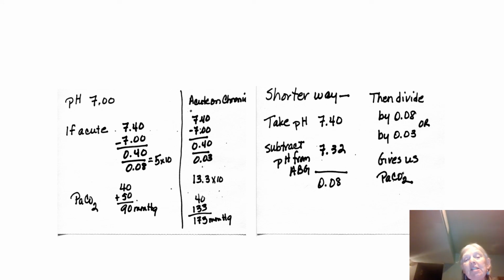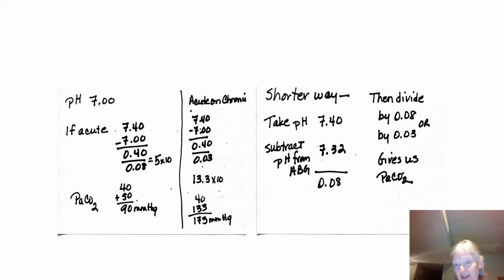You've had a little over 13 changes to get from 7.40 down to 7.0. Each of those changes, your CO2 has gone up by 10. So 13.3 times 10, your CO2 has gone up 133. 40 plus 133 puts your CO2 at 173.